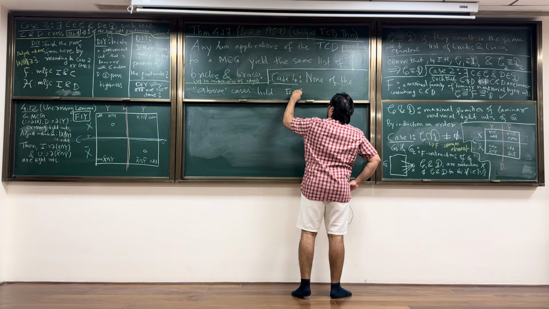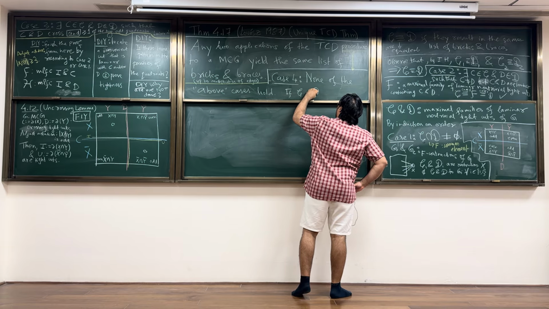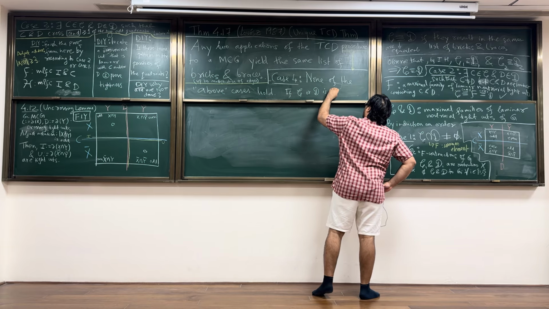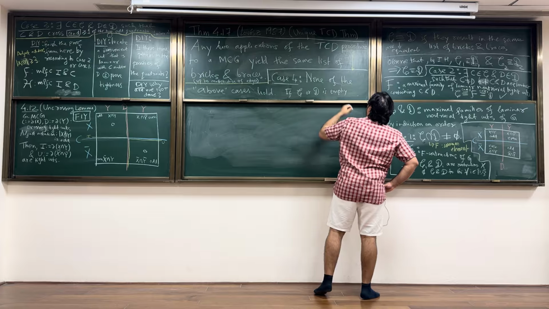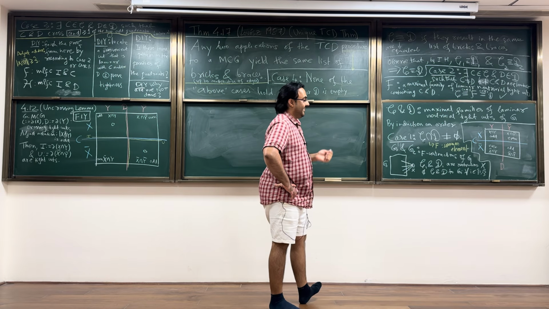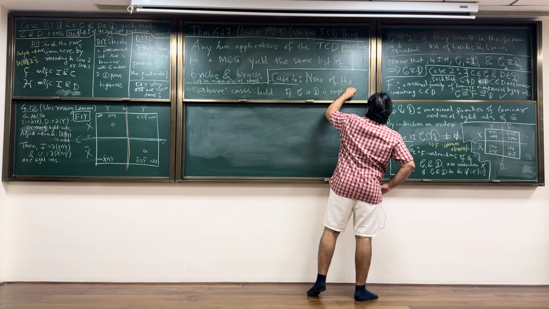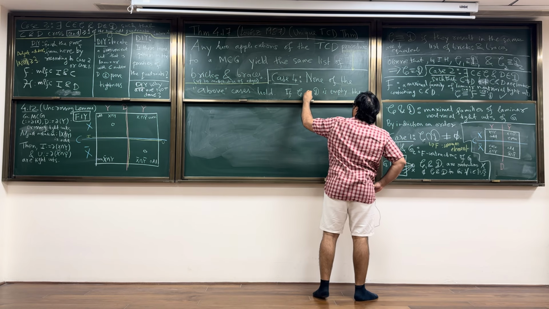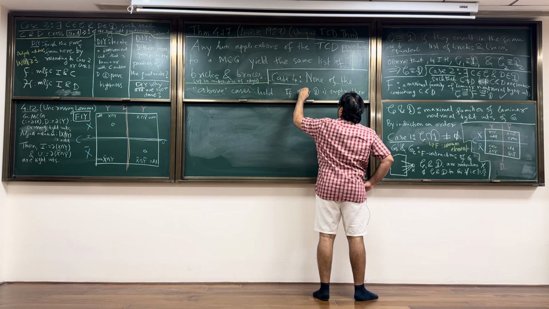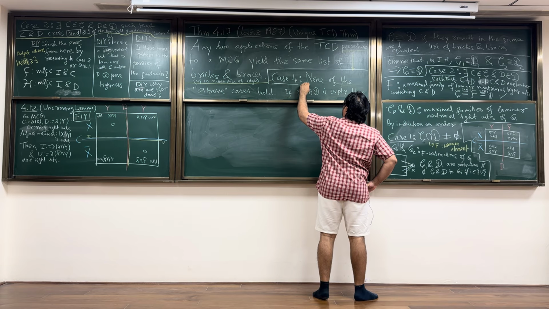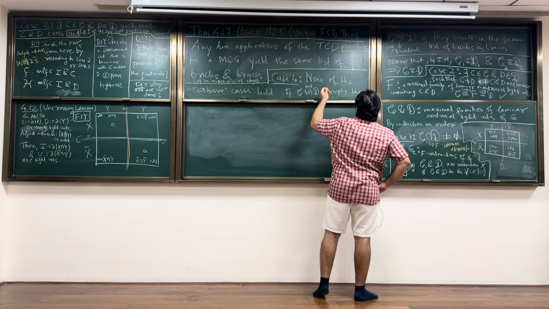Of course, if C or D is empty, then both have to be empty, right? And the graph is a brick or a brace. If either of them is empty, then both of them are empty.